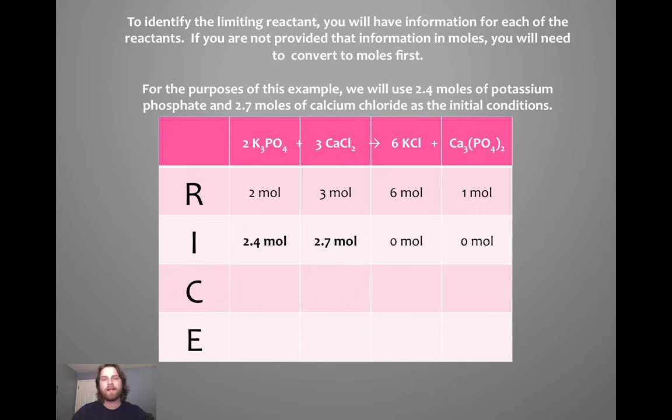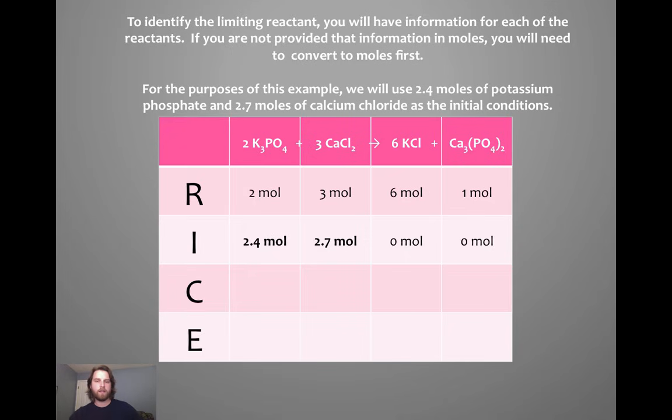Look at your problem and find out how many moles you start with. If they give you grams of potassium phosphate and calcium chloride, you would have to convert them to moles, but you guys already know how to do that. For the purposes of this example, we'll say that we have 2.4 moles of potassium phosphate and 2.7 moles of calcium chloride. Those are our initial conditions.